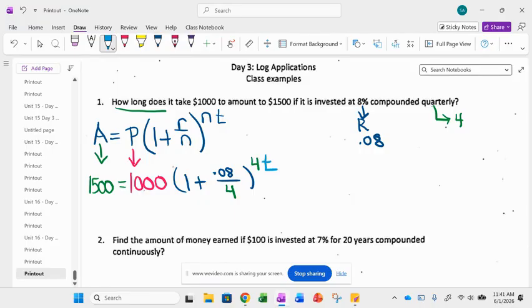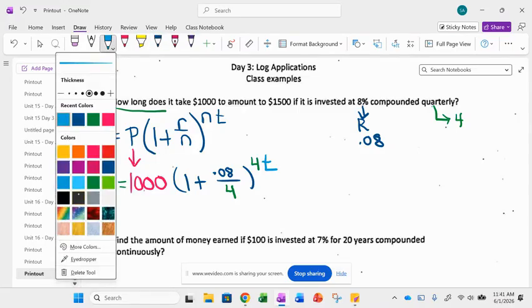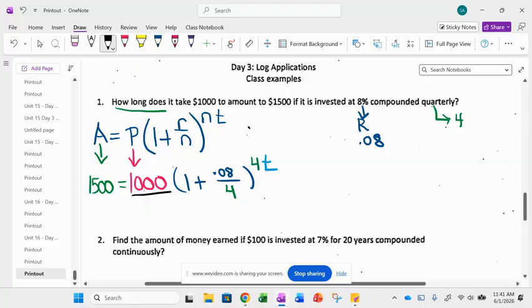And now we're just going to use our algebra skills to get our calculator ready form and to solve this. So now my first step is to do what, do you think? Divide by 1,000, exactly. So I'm going to divide by 1,000.